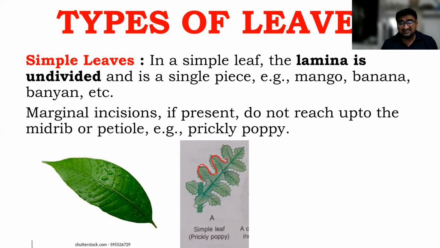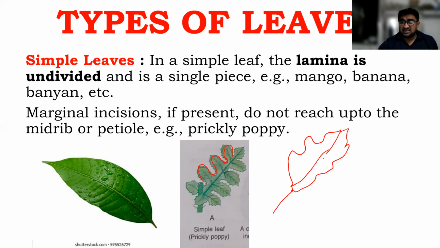You can see these are the incisions, but they do not reach up to the midrib. So such a type of leaf is known as a simple leaf. Suppose these are the incisions, but the incisions are not up to the midrib. Such types of leaves are considered simple leaves.